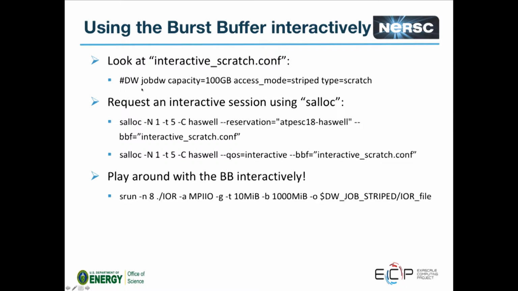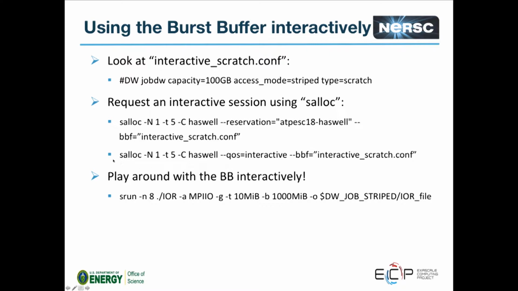Basically, you can just put this configuration in a file, and then when you request the interactive queue, take this as the example, as salloc, I want the interactive queue, and I want a Haswell node, and I want 5 minutes, 1 node for that, and then give it the burst buffer configuration file.